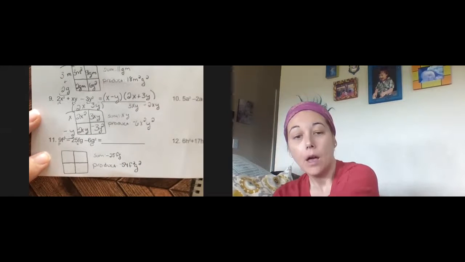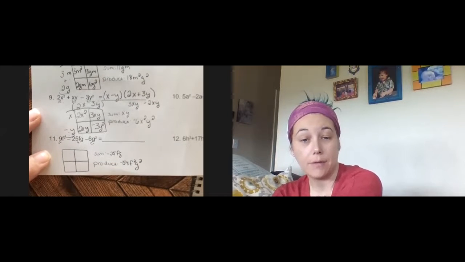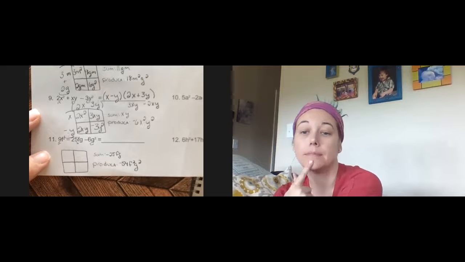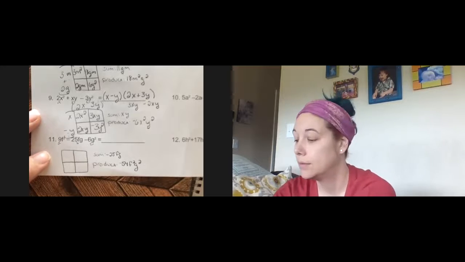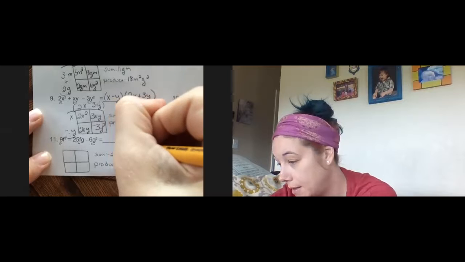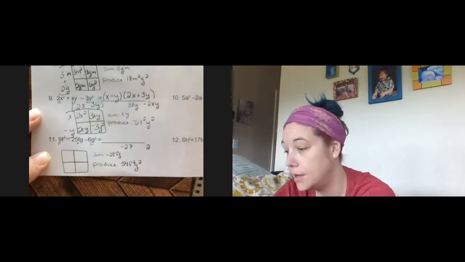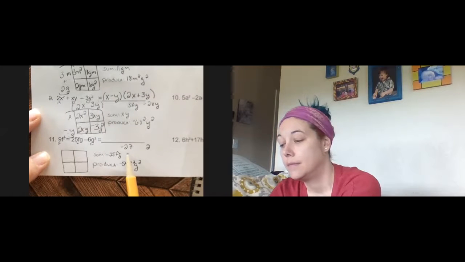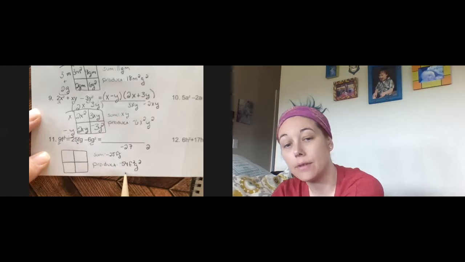What are some factors of negative 54 that give me negative 25? 27 and 2. And this is a big old negative, so negative 27 and positive 2. When I add negative 27 and 2, I get negative 25. And when I multiply them together, I get negative 54.